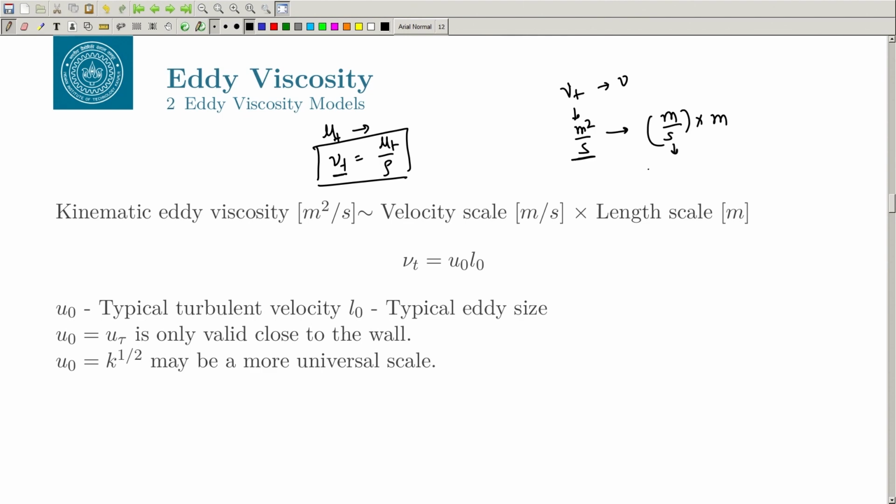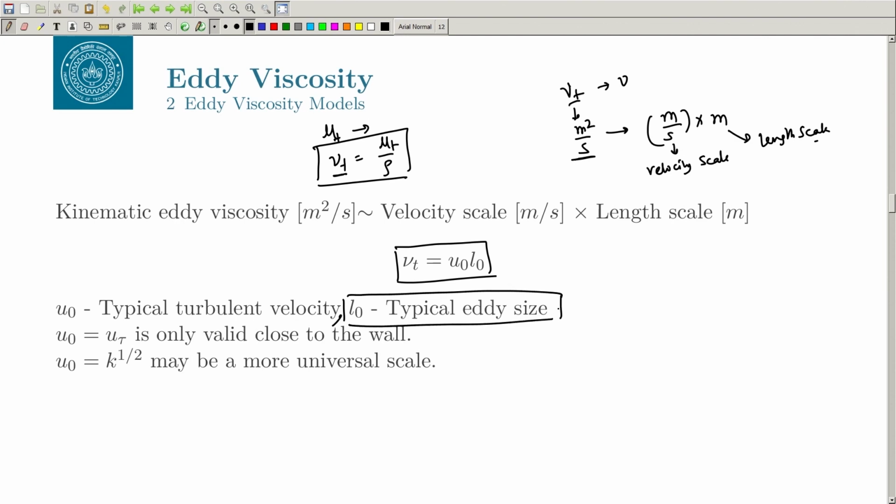So, we need a velocity scale for the eddy, because it has a unit of meter per second, and we also need a length scale for the eddy. So, you can write this nu t in terms of two scales, which is u0 and l0, right. What is l0? It is basically the typical eddy size.